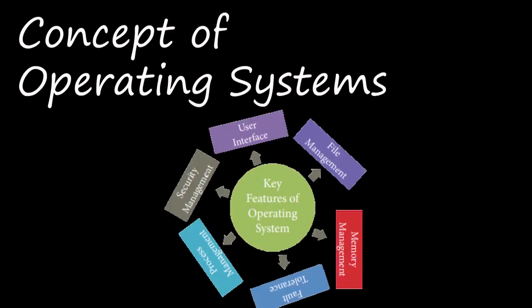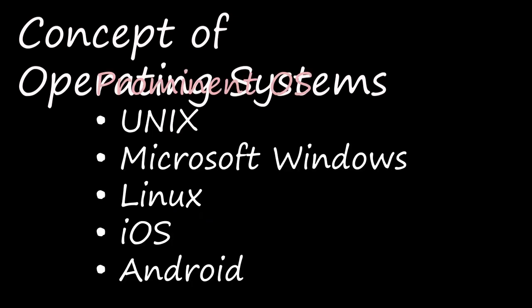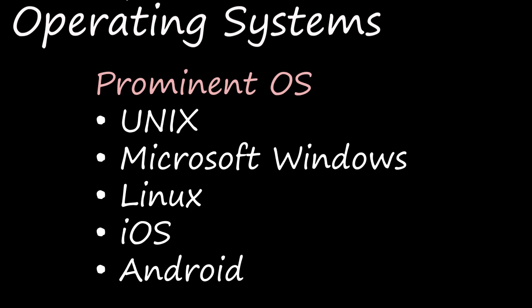Fault tolerance, process management, security management, user interface, file management and memory management, right? At last we have seen the important operating systems also: Unix, Linux, Microsoft Windows, Apple's iOS, and Android.